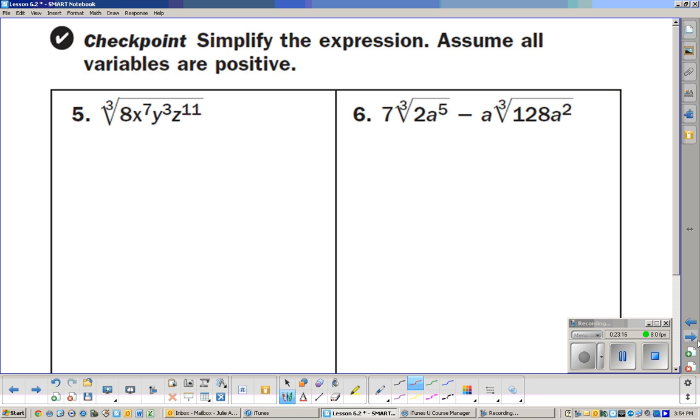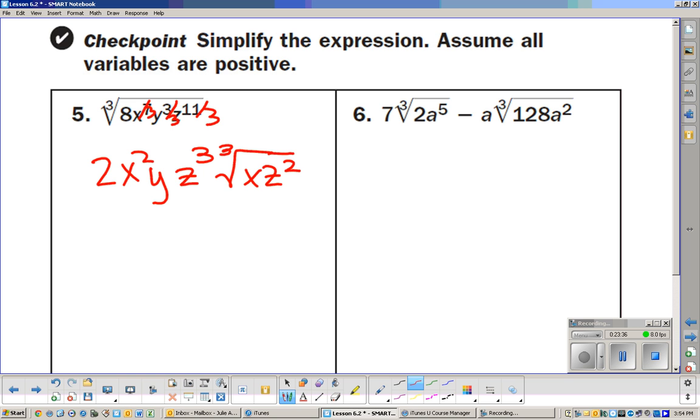Okay, and then finally, these last two, the video's getting long. I'm going to show you the answer. 2x squared y z to the third times the cubic root of xz squared. If you have trouble getting that at all, make these all a fraction, and you'll fall out right away.